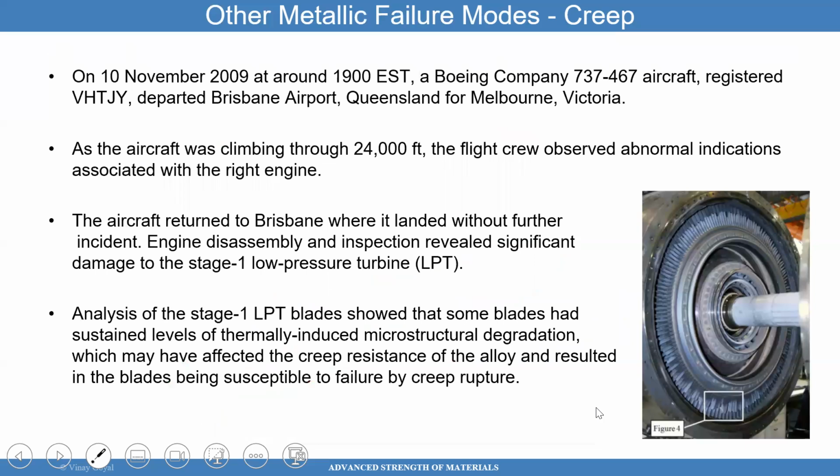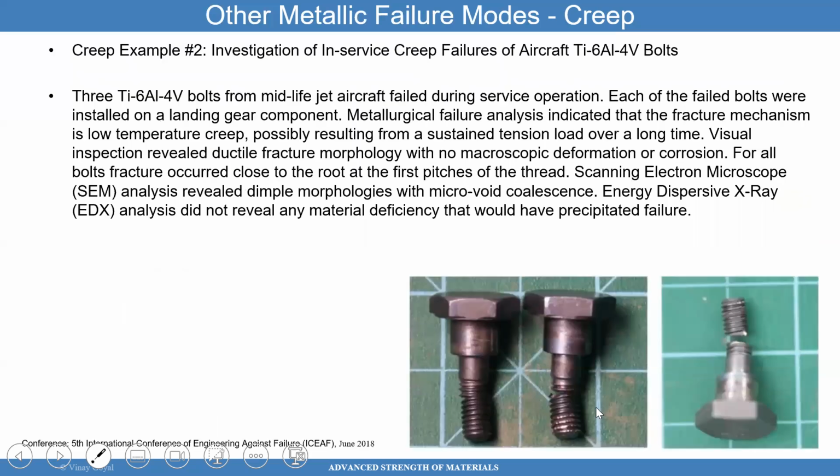Creep can also occur in aircraft applications. There's a situation where a Boeing company's aircraft experienced significant creep within the engine, causing quite a bit of damage to that section. Here are other examples of creep. This is a creep failure of an aircraft titanium bolt. It came apart as well.